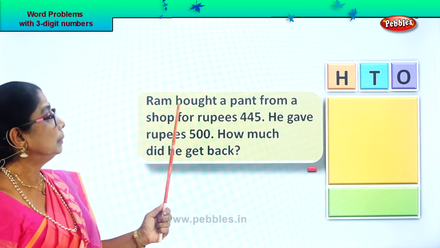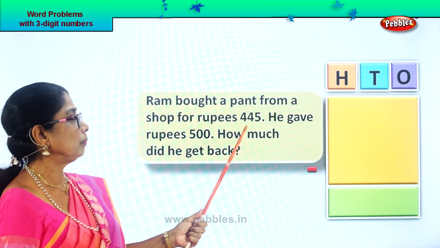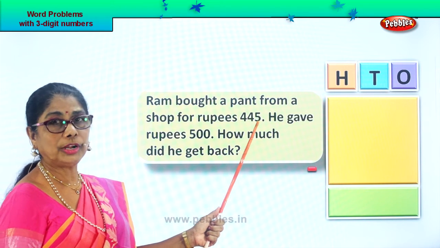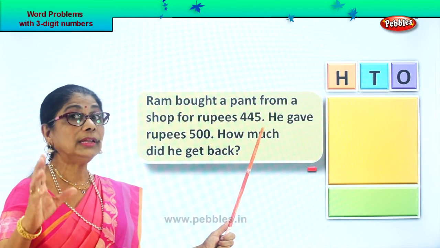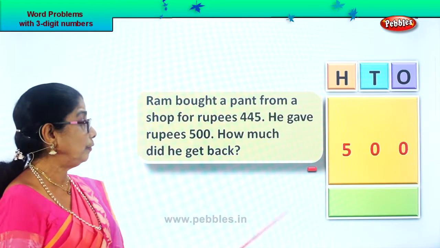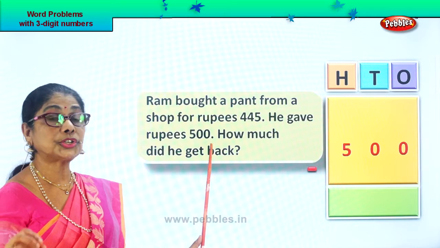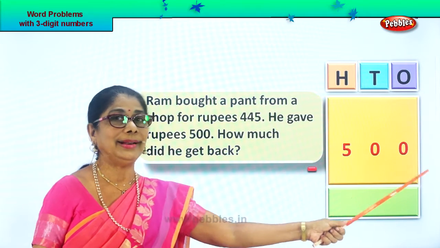Let's put down. The cost of a pant is 445. What is the amount he gave? 500. So which is big, 400 or 500? 500. Therefore, the amount given to the shop is rupees 500.